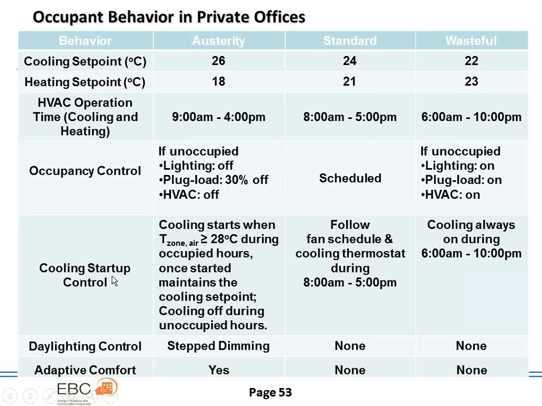And then the cooling setpoint control. This is something very interesting. Some of the operation of air conditioning is that you turn it on when you feel hot. There are a lot of studies in China with surveys and measurements. Basically when people feel hot, it's around 28, even 28 to 30 degrees.